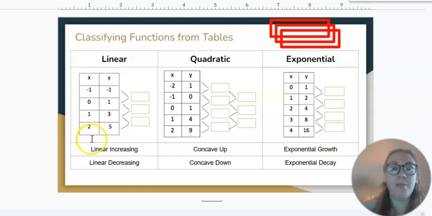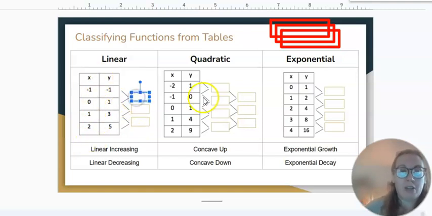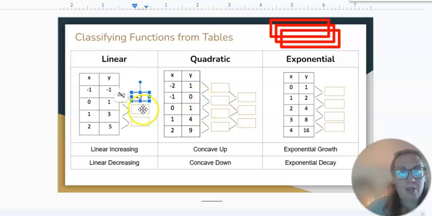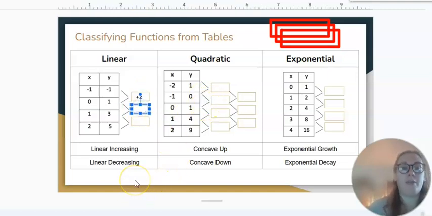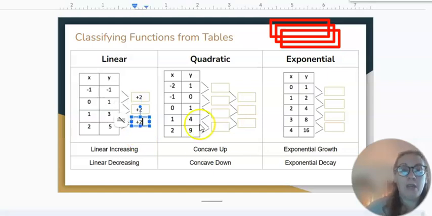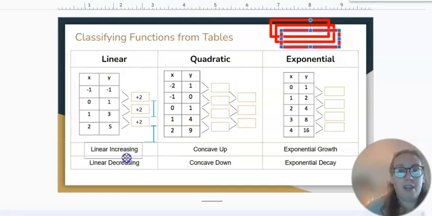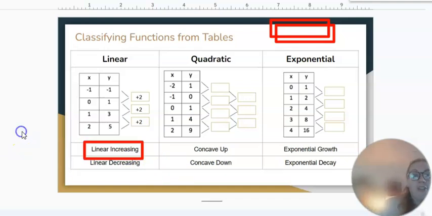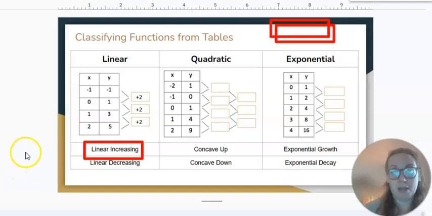And our y values are going up by 2. -1 plus 2 is 1. 1 plus 2 is 3. 3 plus 2 is 5. This is an increasing function. The y values are getting bigger as the x's get bigger.